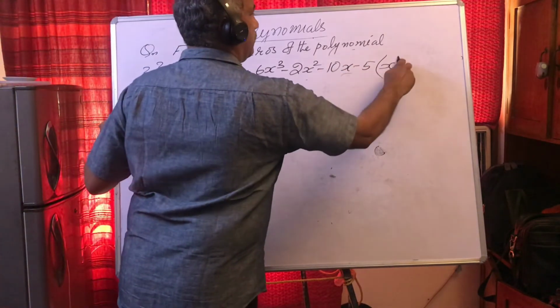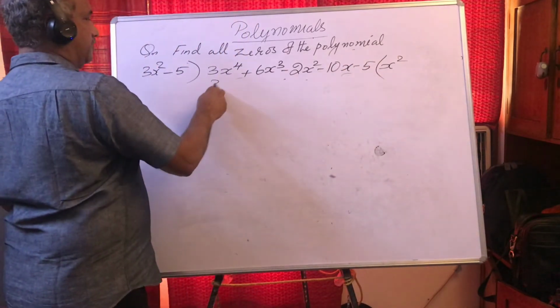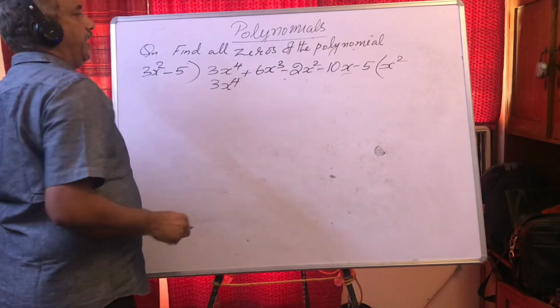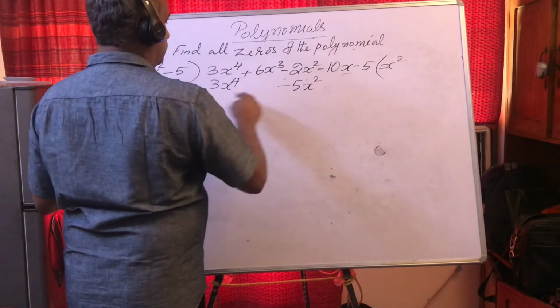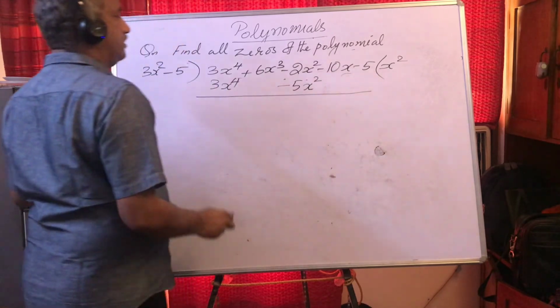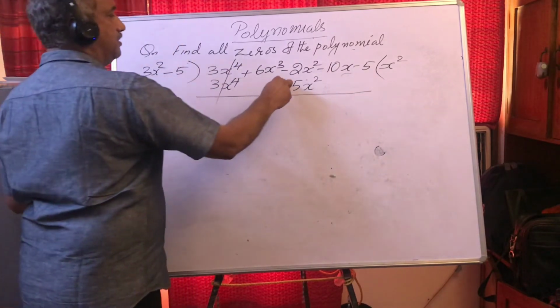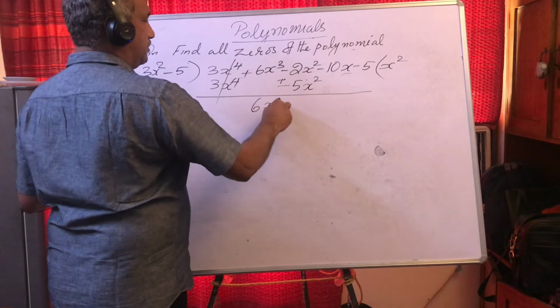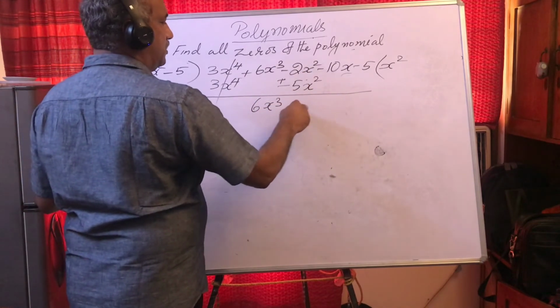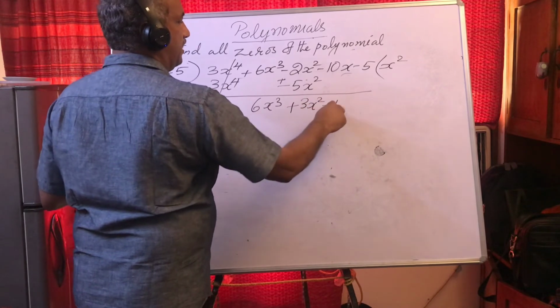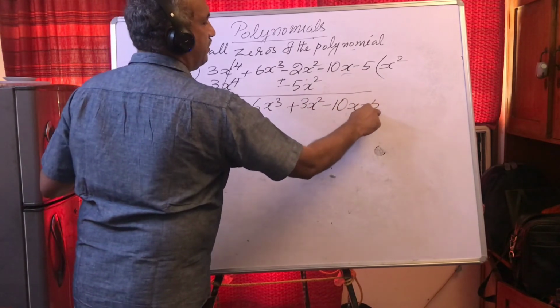So we get x square. x square into 3x square is 3x raised to 4, x square into minus 5 is minus 5x square. Change the sign and add. This gets cancelled. This will become plus 6x cube minus 2 plus 5, that is plus 3x square, minus 10x minus 5.